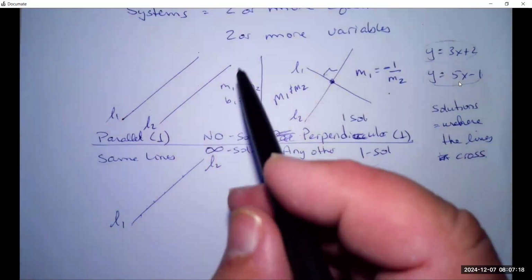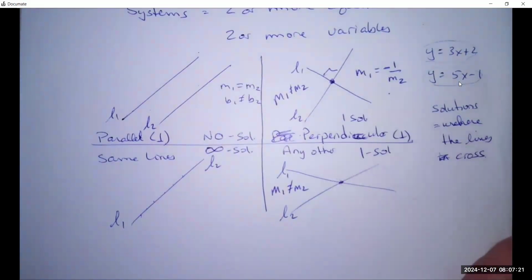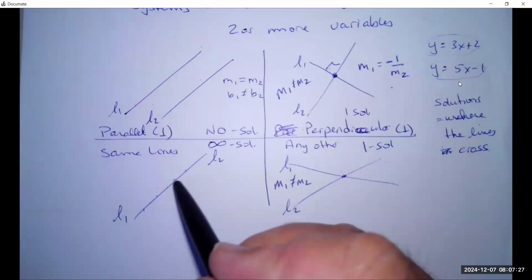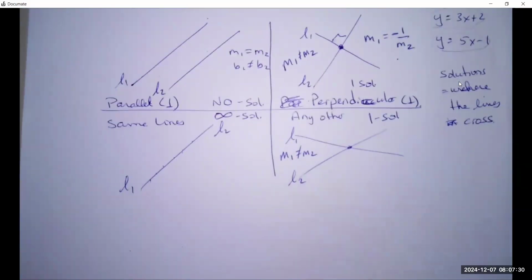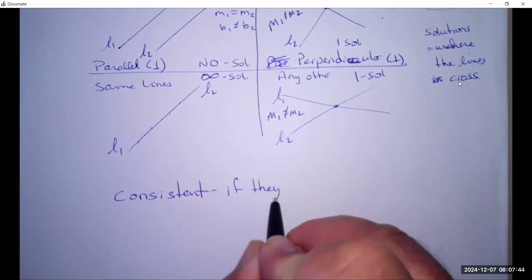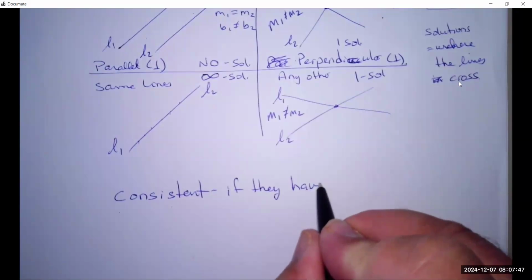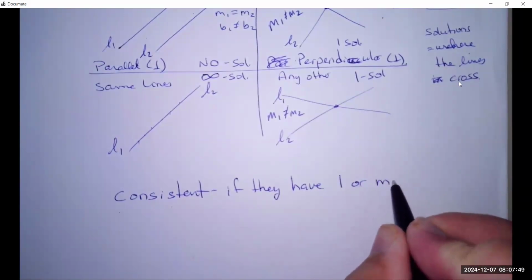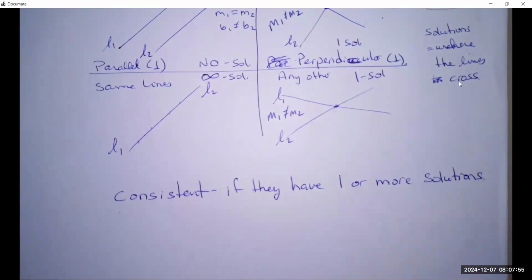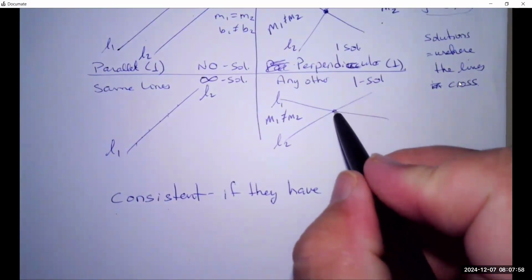All right, so depending on whether these graphs intersect or not, or if they go from parallel lines to the same line, we have names for those. We say that they're consistent if they have one or more solutions. This is consistent.